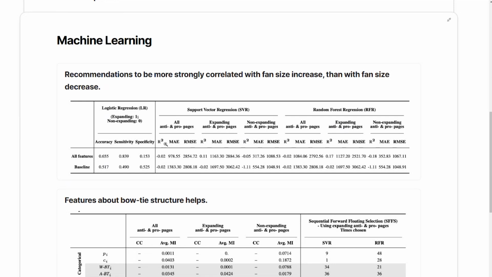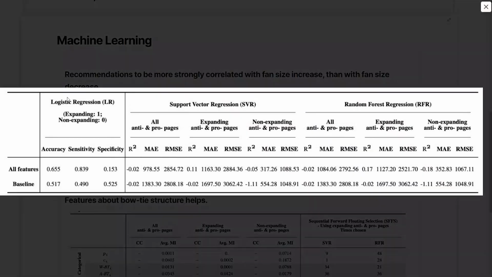But if a Facebook page doesn't receive many recommendations, this doesn't necessarily mean their fan size will drop. This is verified in our data sets through a simple logistic model. Here we put all the pages that have their fan size increase as expanding, encoded by 1, and all the remaining pages as non-expanding ones, encoded as 0.